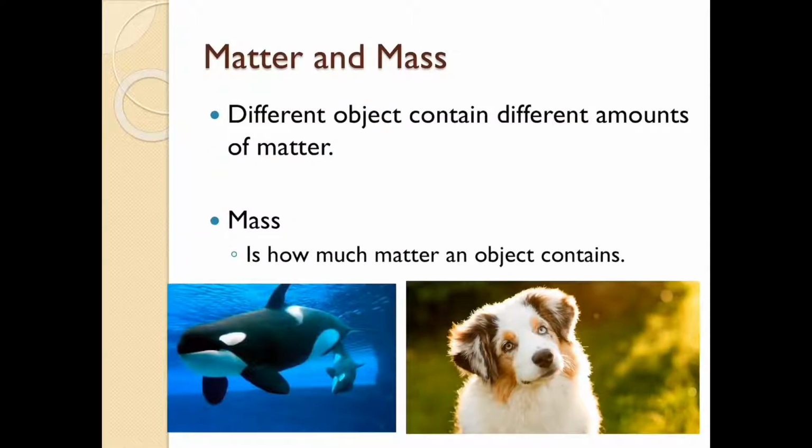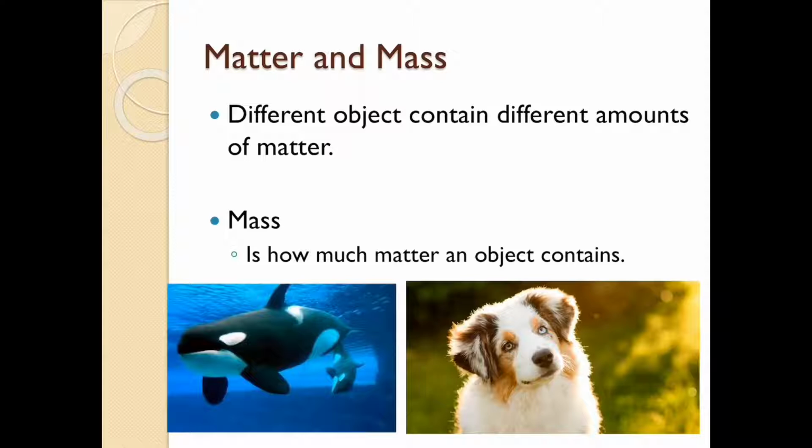So matter and mass. Different objects contain different amounts of matter. So mass is how much matter an object contains. So looking at my little pictures here, we've got a killer whale and a dog. Which one do you think has more mass?